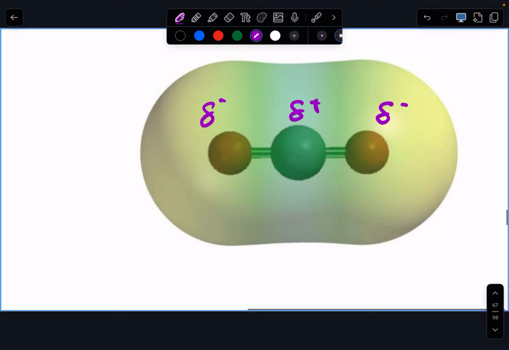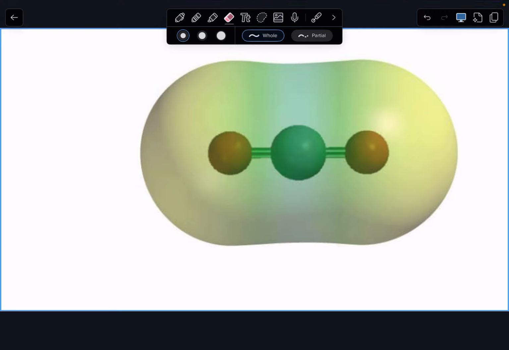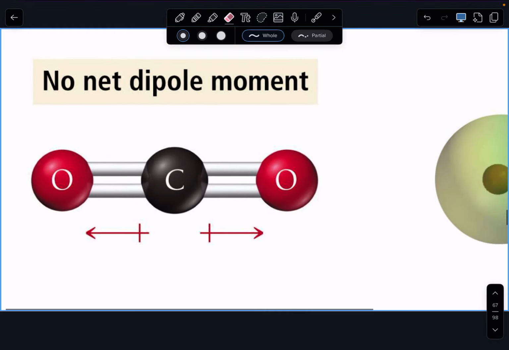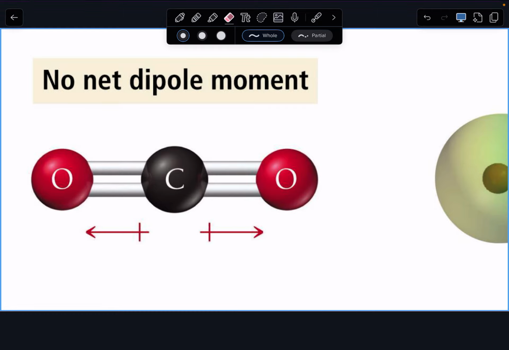Okay, so I've shown this one as having negative charge on the two sides and a positive charge in the middle, but it will not behave like that. It will behave like there is no difference in charge at all. A formal way of saying that is that there's no overall dipole moment.